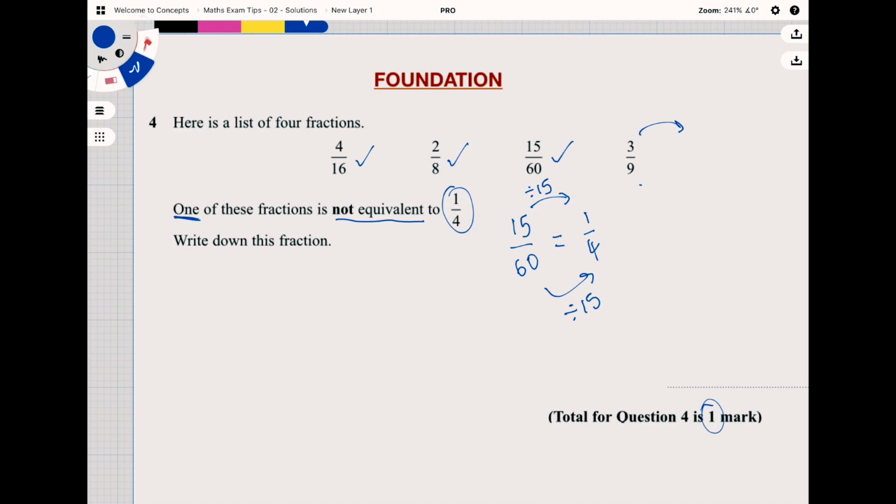So we can divide it by 3, and we get a third, not a quarter.